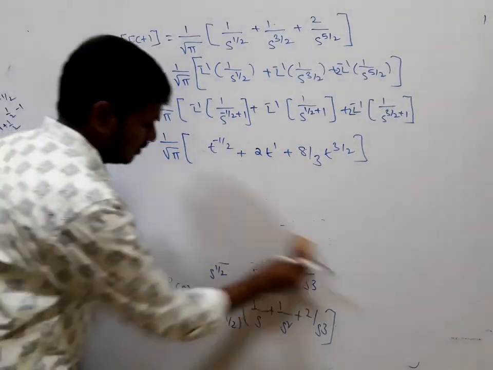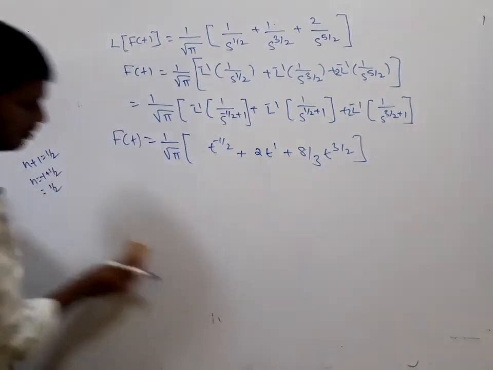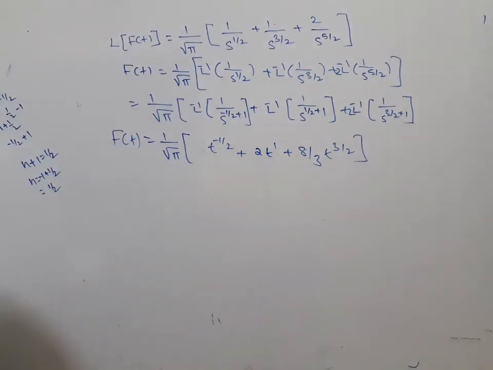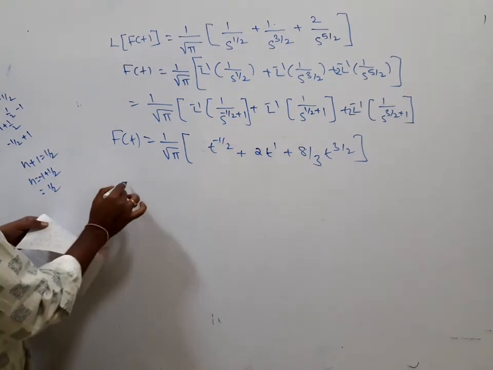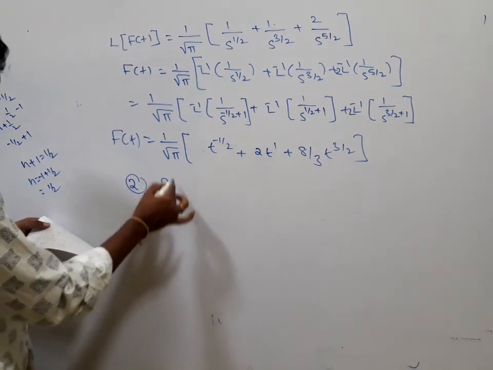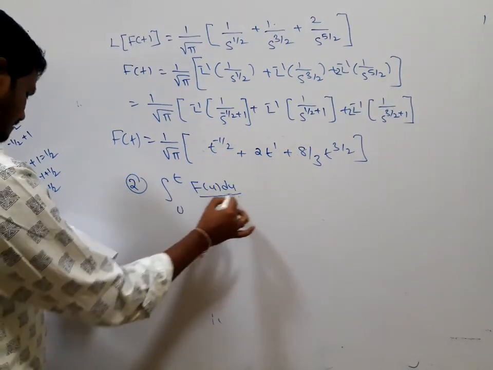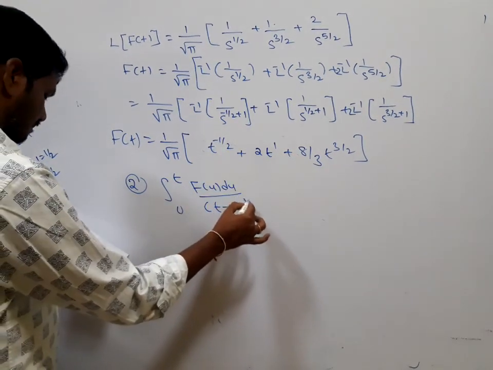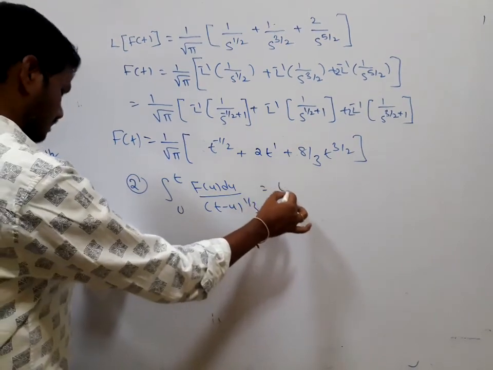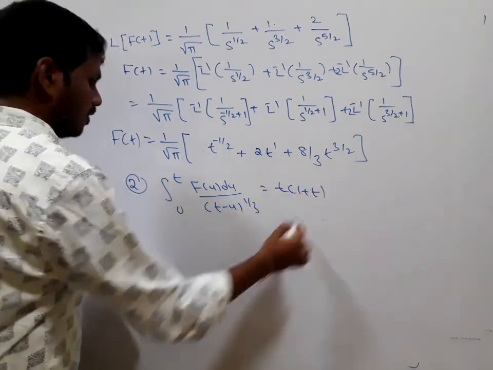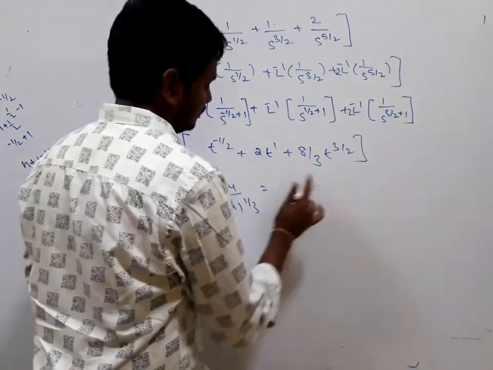Right, next continuation. This is the problem on Abel's integral equation. The same way you are going to solve one problem on this, the same method. Integral 0 to t, t into 1 plus t, that is nothing but t plus t square.